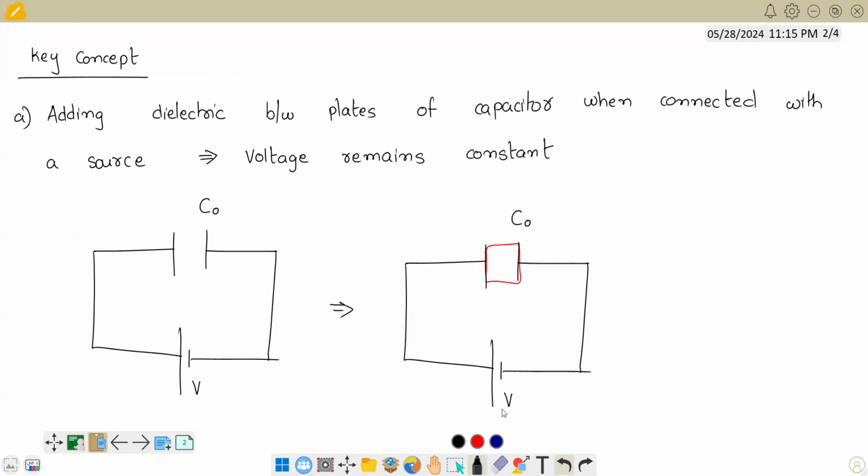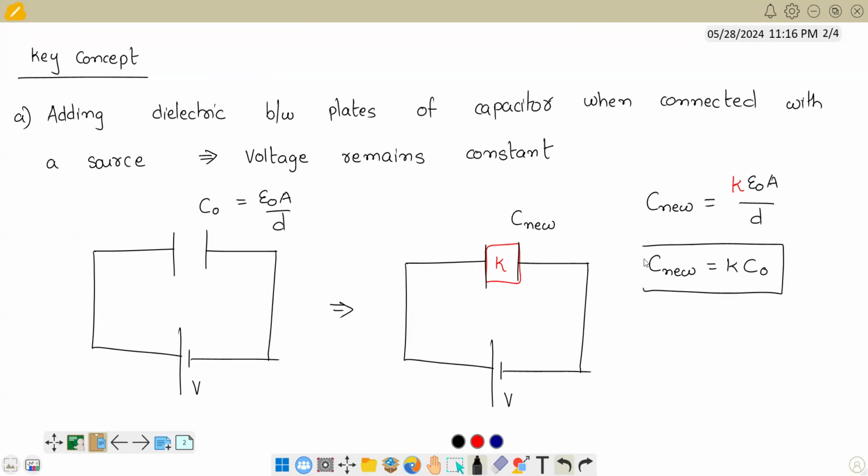Now I can no longer call this C. Let me call this the new capacitance, C new. The formula would be epsilon naught A by D. Since I add this dielectric of dielectric constant K, it becomes K epsilon naught A by D. So we can say C new would be K times the old one, that is C naught.